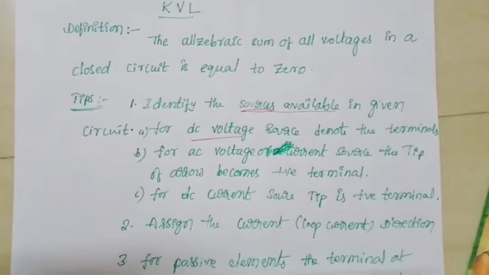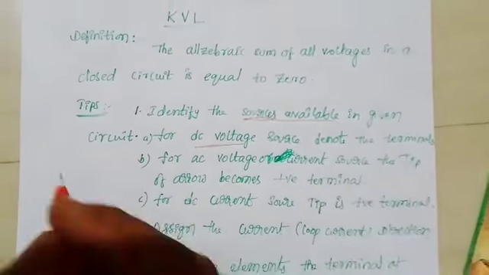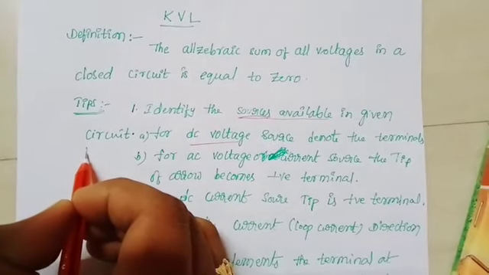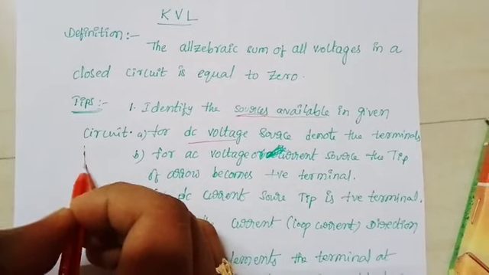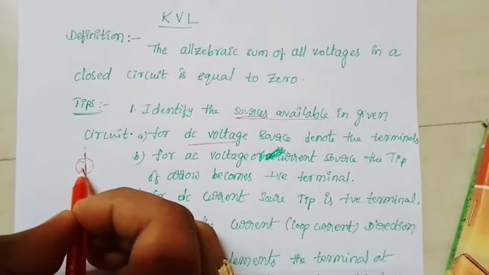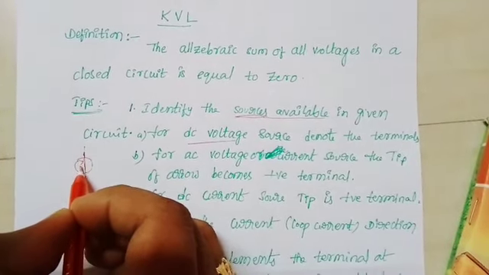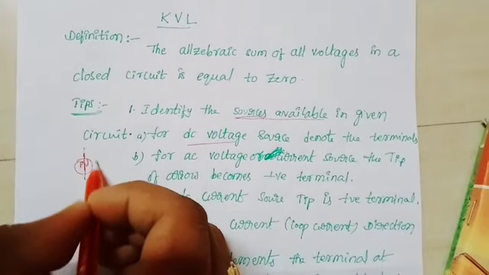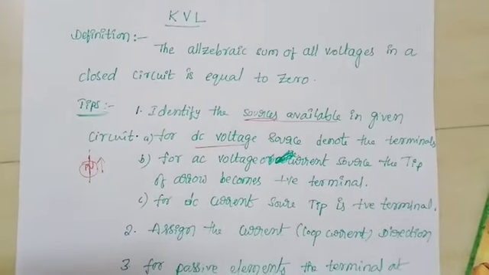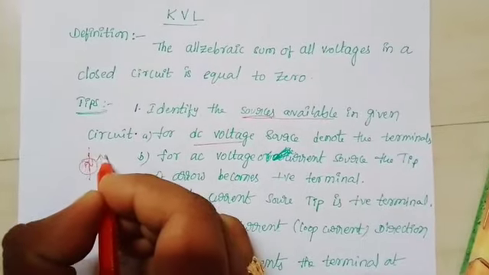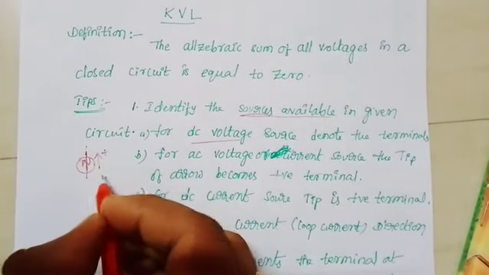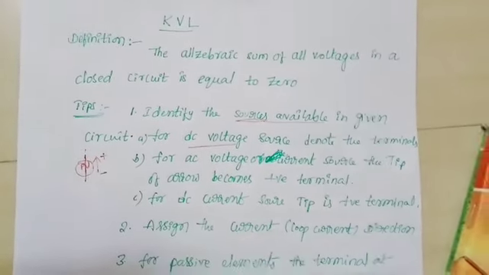If the source is an AC voltage source, like this, then the tip of the source becomes positive and the tail becomes the negative terminal.